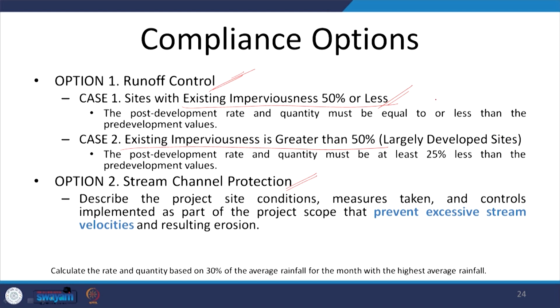So, in case 1, the post development rate and quantity shall be equal to or less than the pre-development values, while in case the existing imperviousness is already greater than 50%, we are looking at a post development scenario where the rate and quantity should be at least 25% less than the pre-development values. So, that is what we are looking at when we are looking at runoff controls.